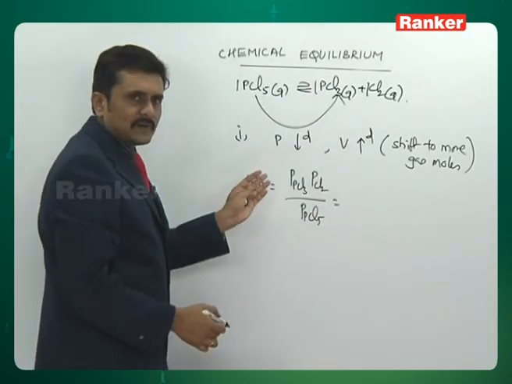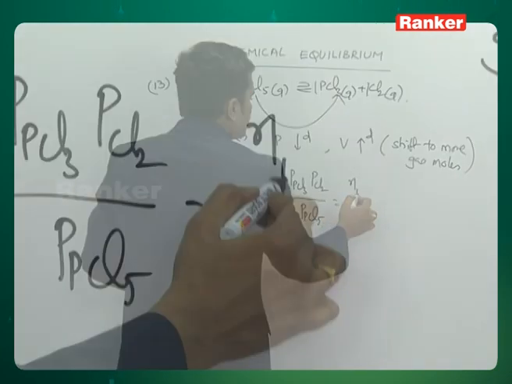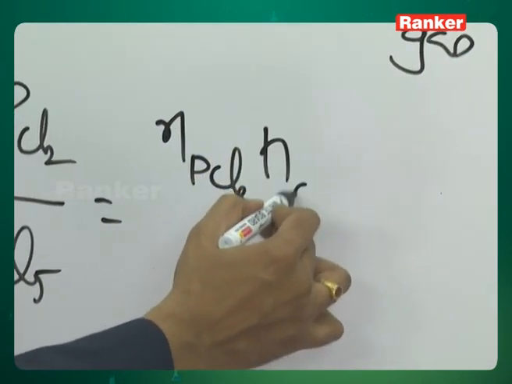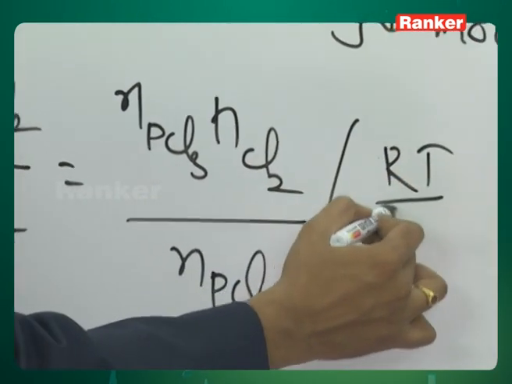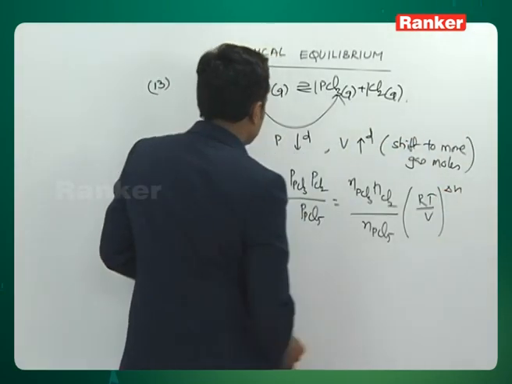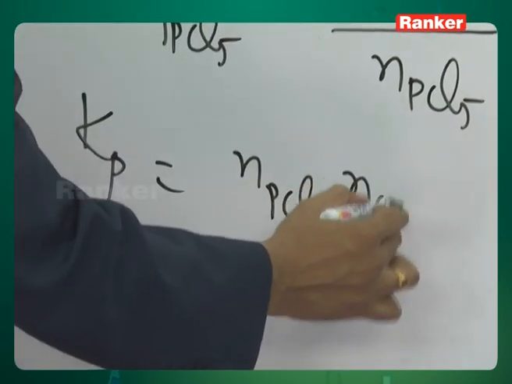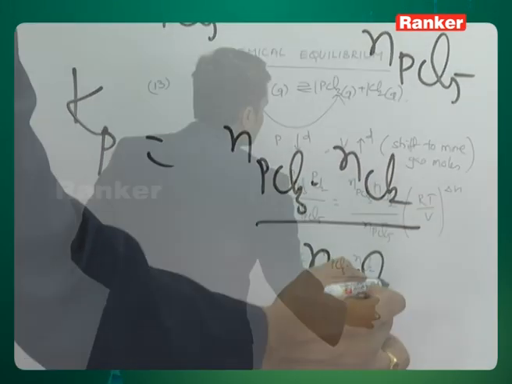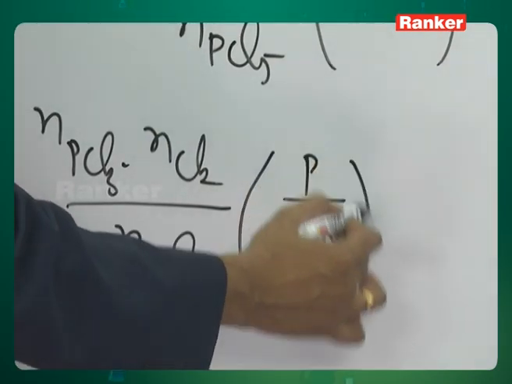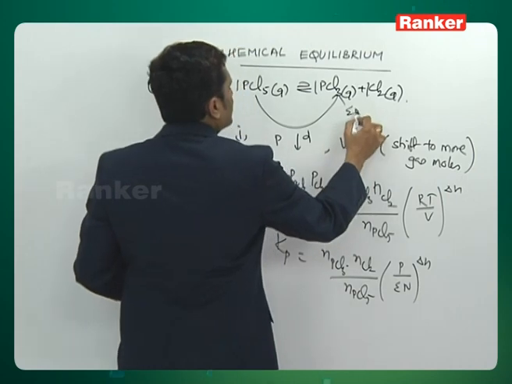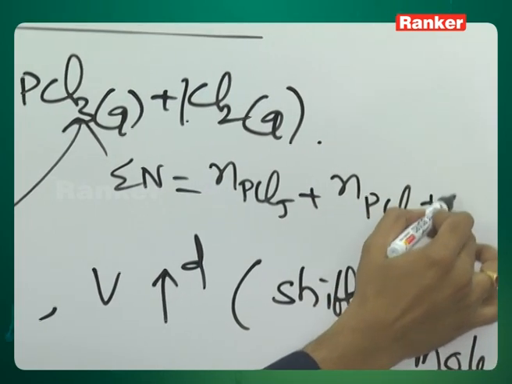Now I am going to replace the partial pressure with nRT by V from the ideal gas expression, where I will write this as the number of moles of PCl3 times the number of moles of Cl2 upon the number of moles of PCl5 at equilibrium, into (RT by V) whole power delta N. Now I am rewriting it in terms of the pressure, because for the equilibrium mixture we replace this RT by V with P by sigma N. Here sigma N is nothing but the number of moles of all the active components at equilibrium.